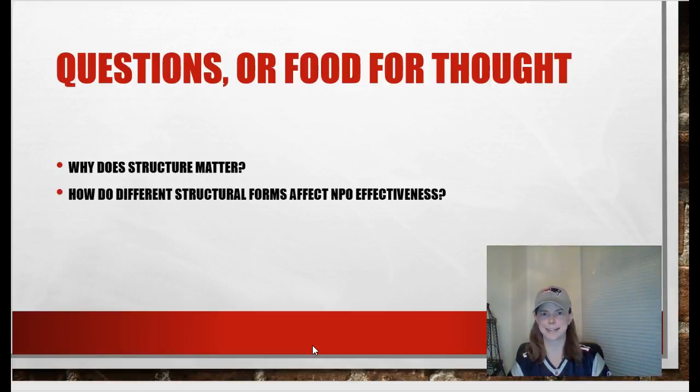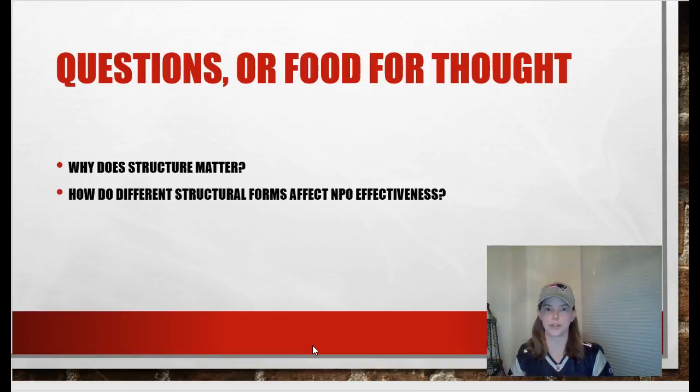I know it sounds like perhaps there's a bit of a justification of why we're studying structure. That comes, I think, just from me. My background really is in studying organizational structure, particularly with networks that operate across sectors, of which nonprofits occupy a very central role in the work that I do.